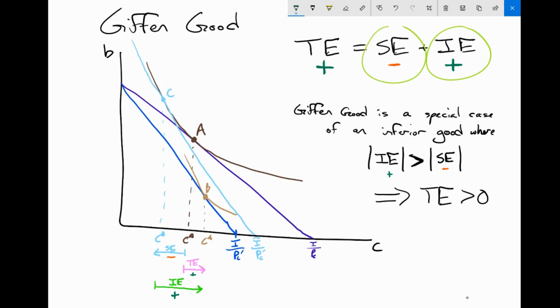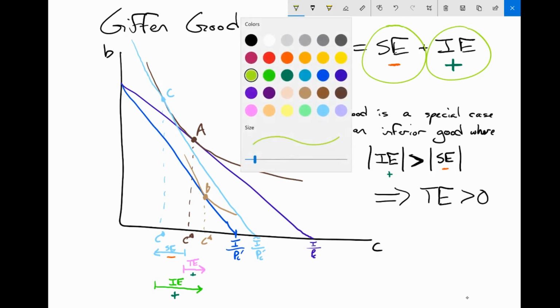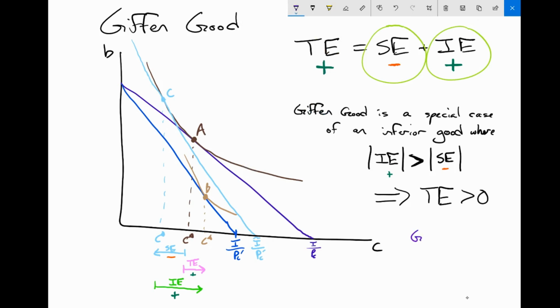Typically, we think that Giffen goods really only exist in theory. However, in class, we will read and discuss a paper in which researchers present evidence for the existence of Giffen goods, or what we might call Giffen behavior.